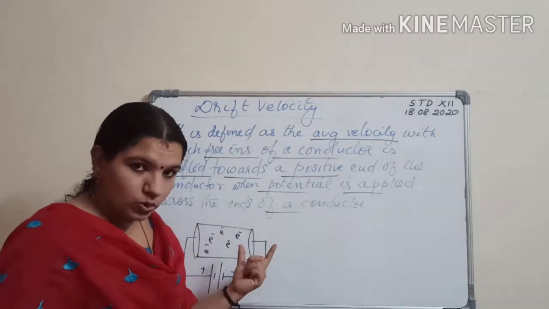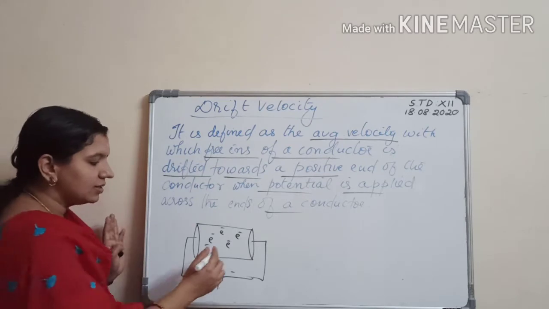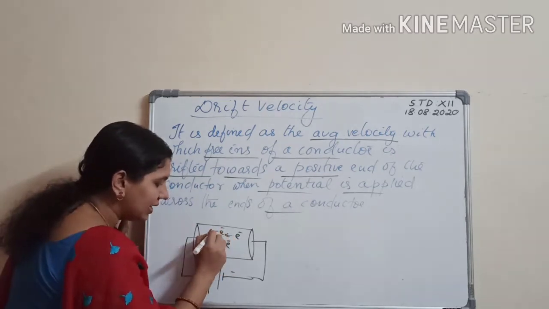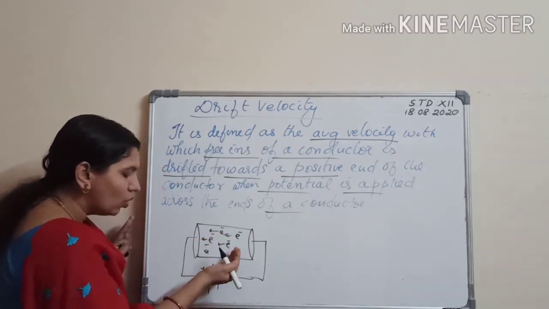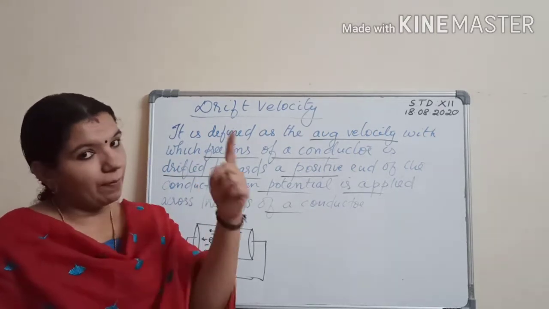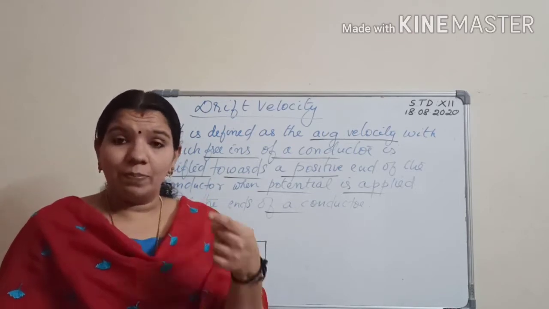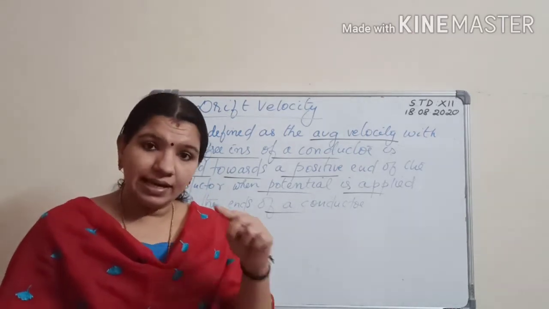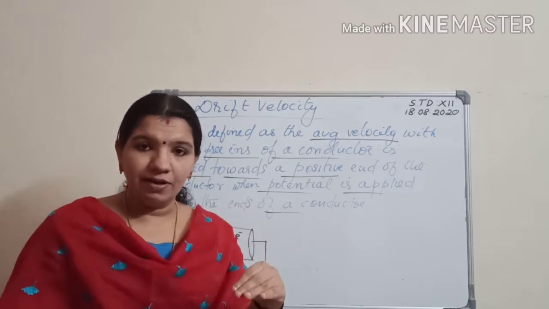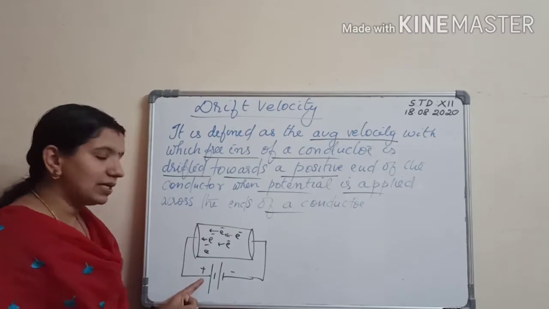Due to that force, the electrons will align in such a way that they move towards the positive end of the conductor. Before applying the electric field, they were in random motion, but when you apply a field externally, the electrons align themselves and move towards the positive end.